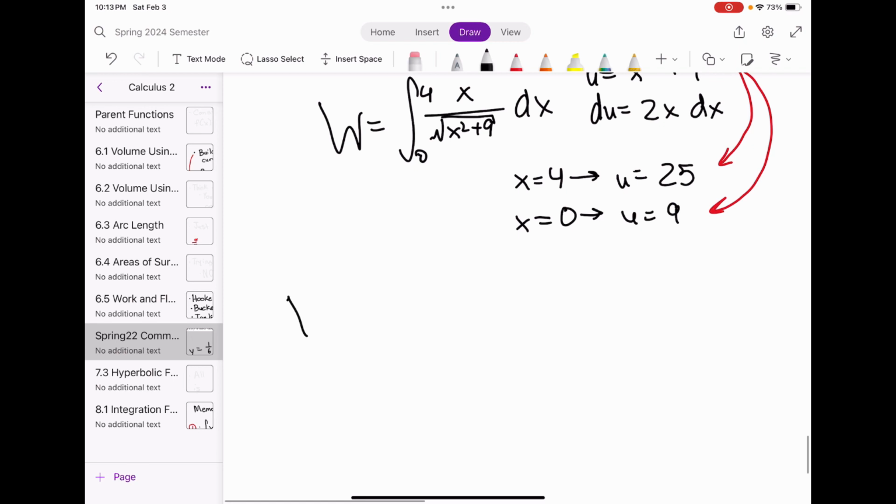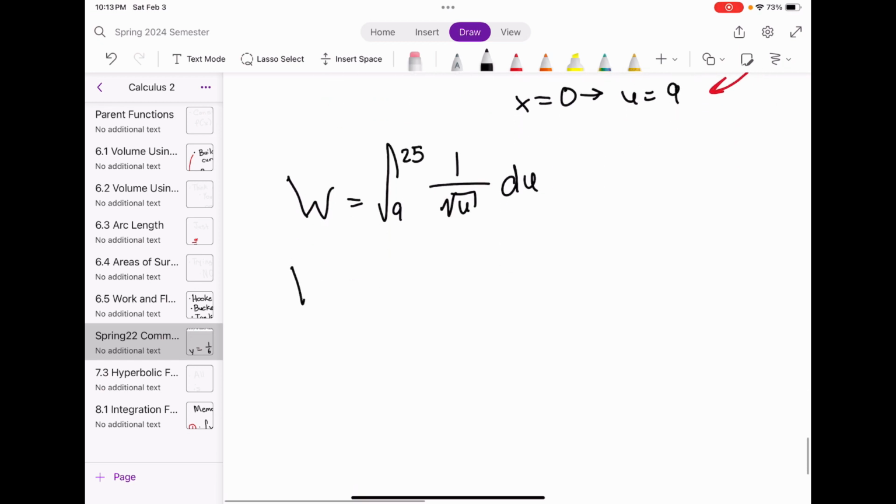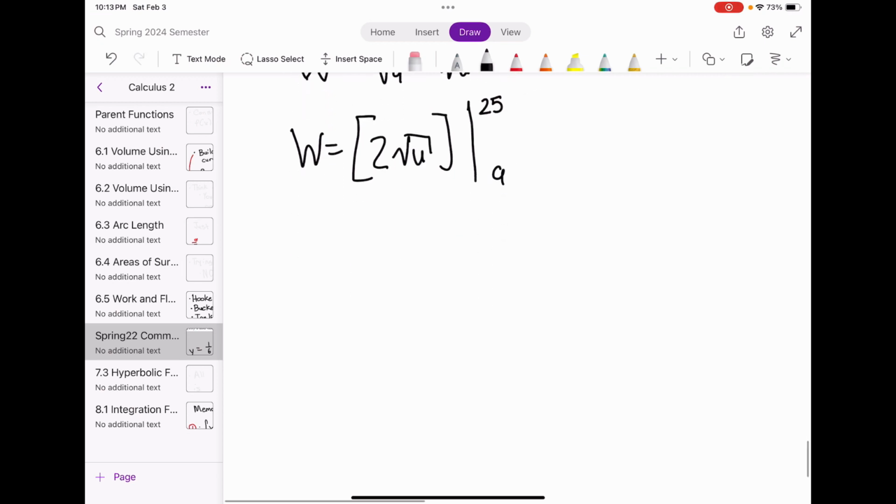So let's rewrite that. W is equal to the integral from 9 to 25 of 1 over the square root of u du. Then we'll evaluate here. We get 2 square root of u evaluated between 9 and 25.